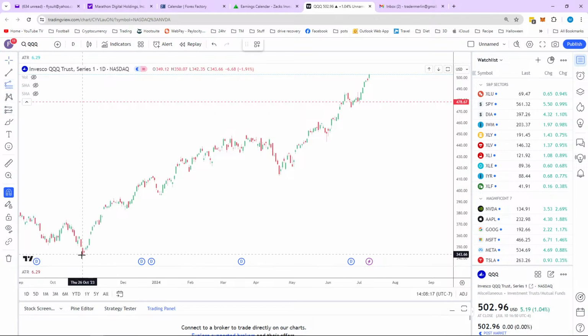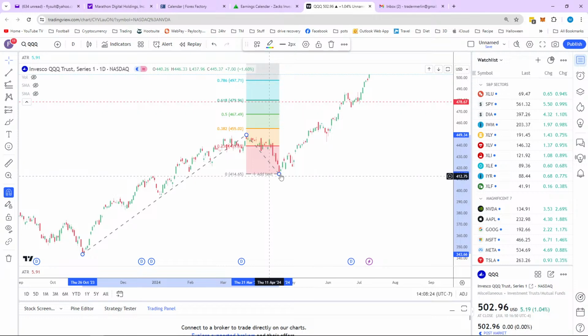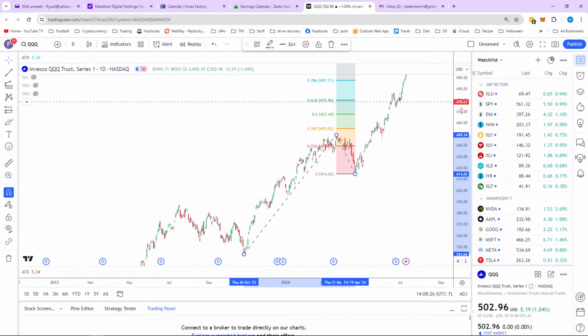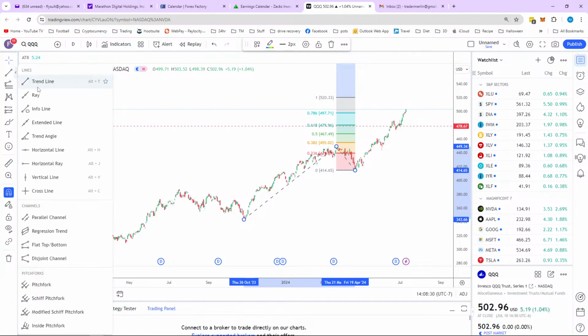I'll go from those lows back October 23rd to the peak we had on March 21st to the retracement here. Now that's going to start to give us some extension levels, which may give you a clue as to where this Nasdaq 100 may be headed.